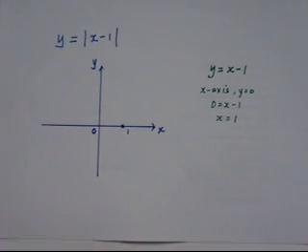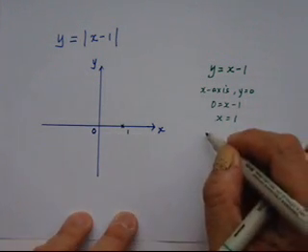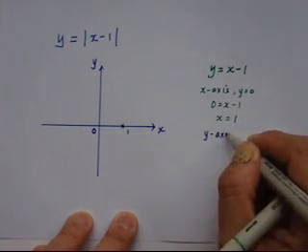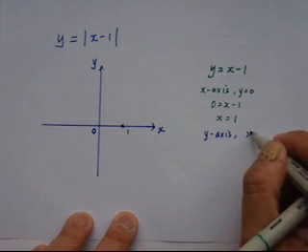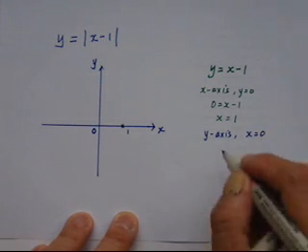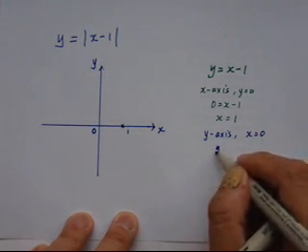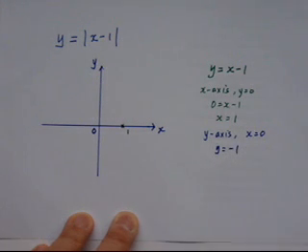Now we consider the intersection with the y-axis. That means x equals 0. So when x is 0, y is minus 1.